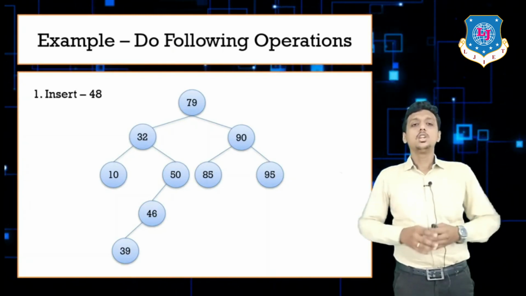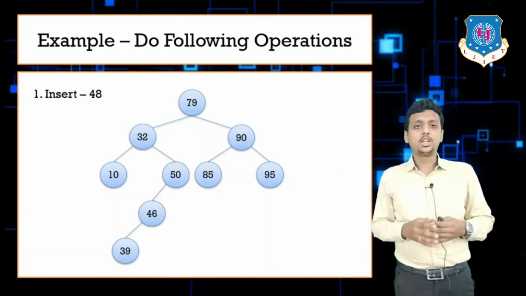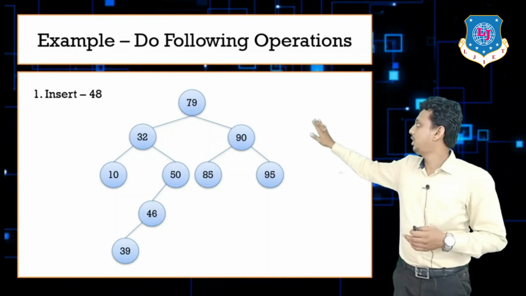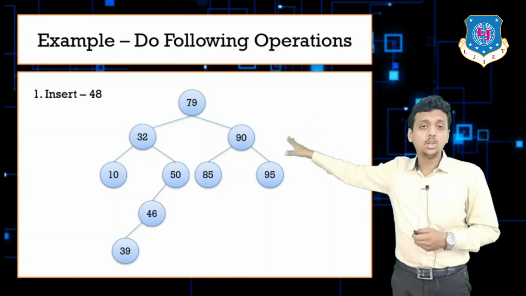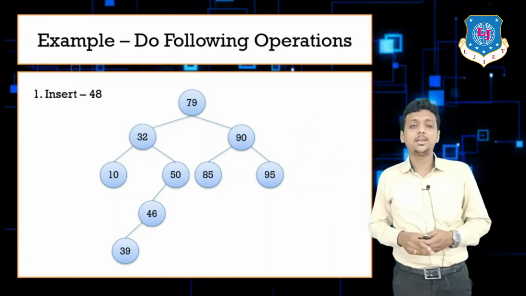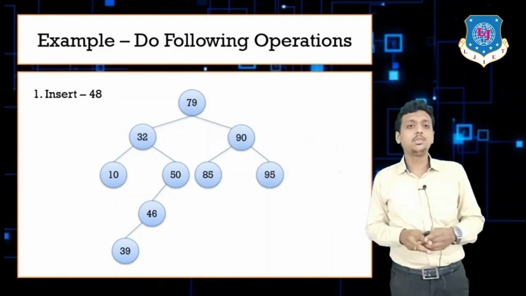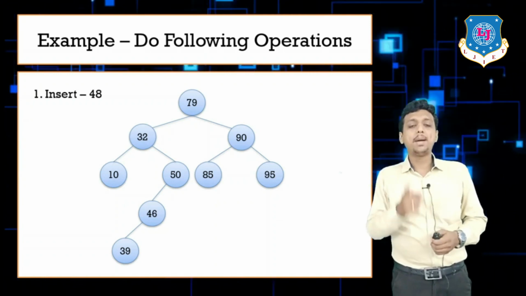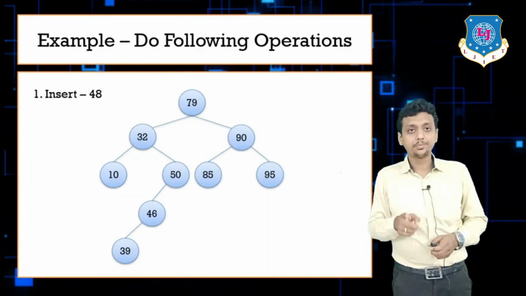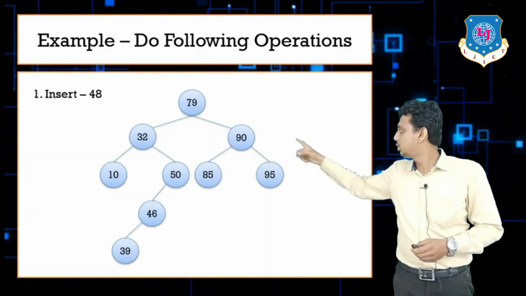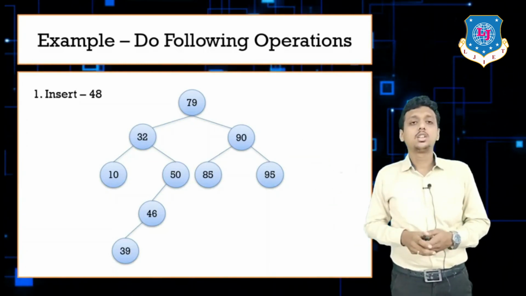Okay. So students, to insert 48, first I need to compare 48 with 79. Now 48 is less than 79, so it must go on the left side of 79. On the left side of 79, students, we find 32. Now compare 32 with 48. 48 is greater than 32, so it must be on the right side of 32.